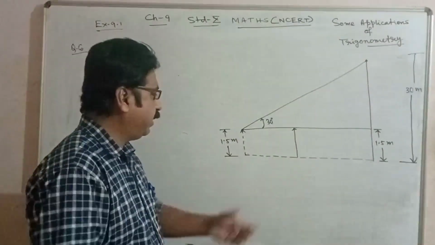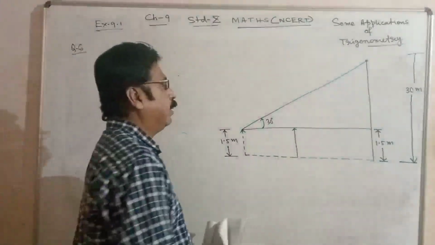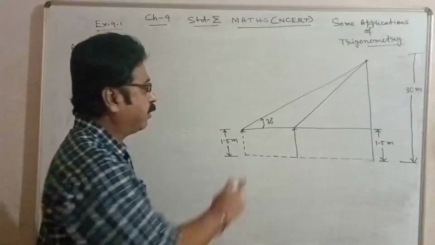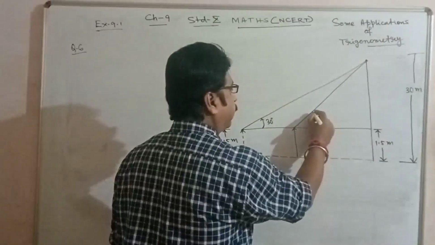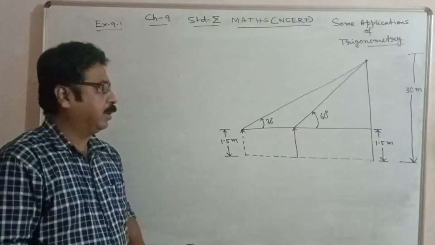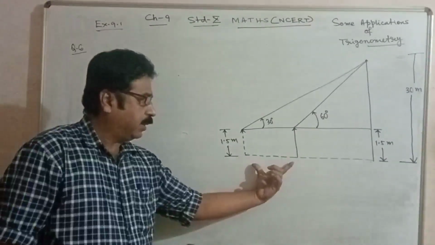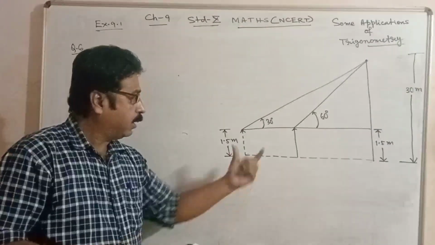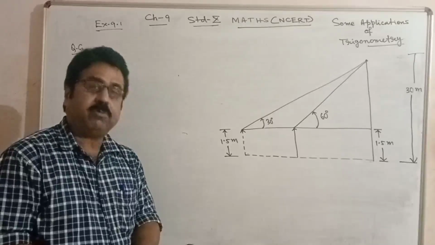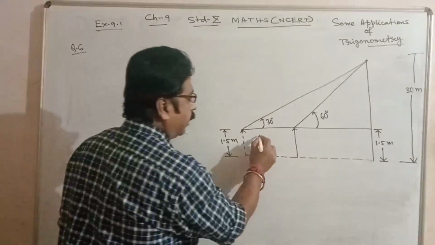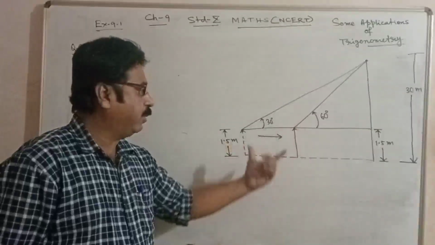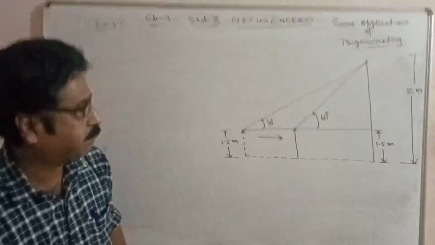After walking some distance, this much distance he walked, the angle of elevation increases from 30 degree to 60 degree. This length we have to find. Find the distance he walked towards the building. His walking is in this direction towards the building. We have to calculate how much he walked.